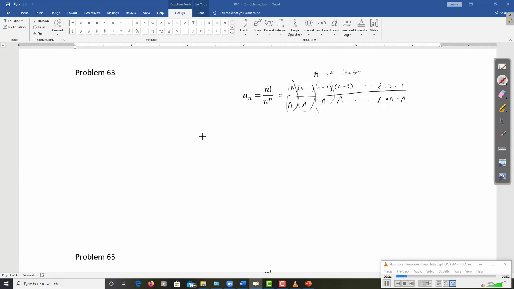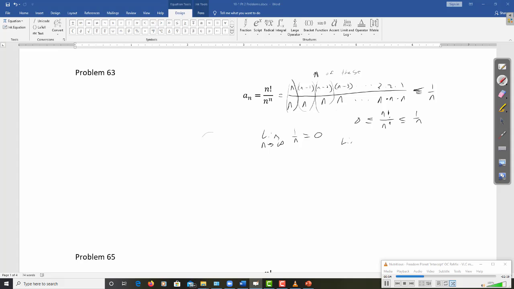So we're actually going to do a little trick here. We're just going to say this is less than or equal to 1 over n. How is that helpful? Well, we know the limit as n goes to infinity of 1 over n is 0. And if you think about this then, 0 is less than or equal to n factorial over n to the n, which is less than or equal to 1 over n.